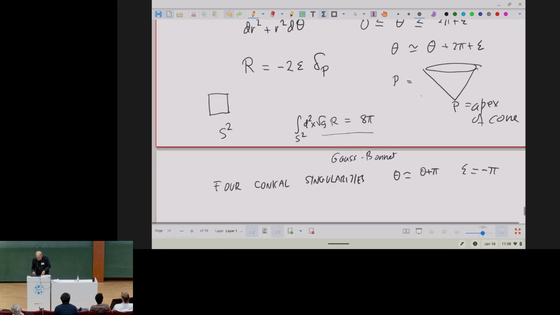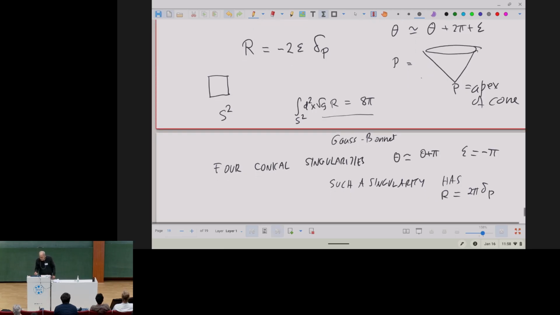So to satisfy this formula, such a singularity has scalar curvature 2 pi times the delta function. And so that checks this formula when epsilon is minus pi. So the formula in general, there's a version of the Gauss-Bonnet theorem from which you could deduce this in general, but usually I remember it except for the coefficient, and what I've just told you is how I always remind myself of the coefficient.